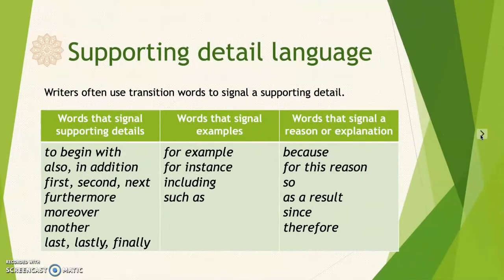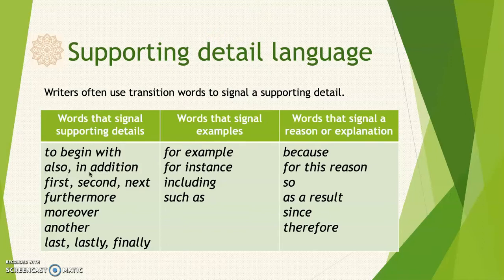It's also important to know what kind of words are used to signal supporting details. At the beginning of supporting detail sentences, you might see things like "to begin with" or "first."